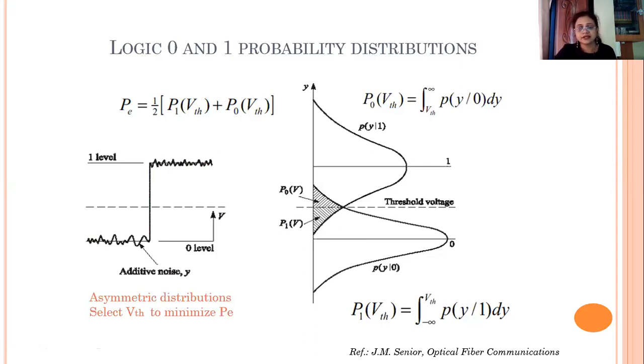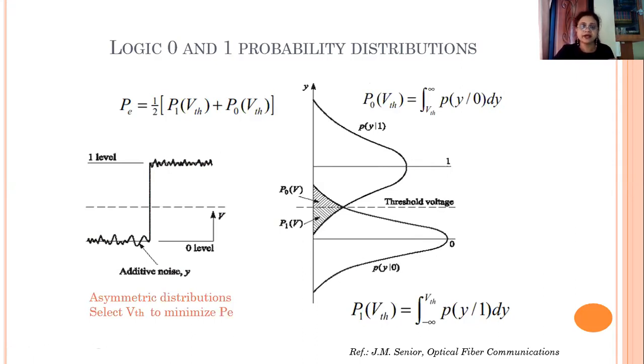With this understanding, we can now define the error probability function when bit 0 is transmitted and detected as bit 1, or when bit 1 is transmitted and detected as bit 0, which can be obtained by considering how much it is above the threshold voltage or below the threshold voltage. Let us take an example.